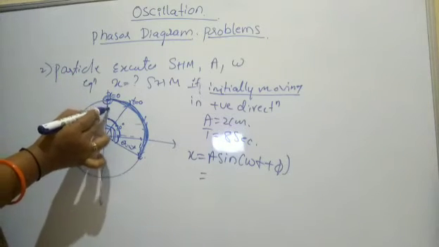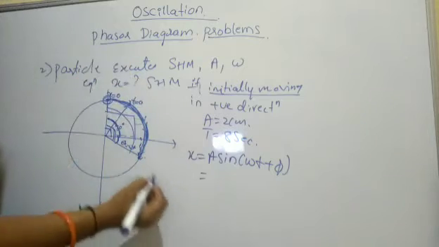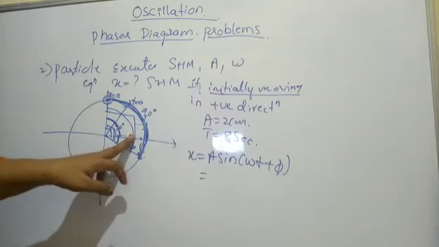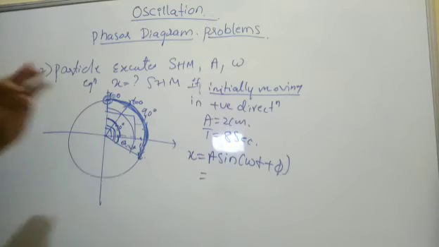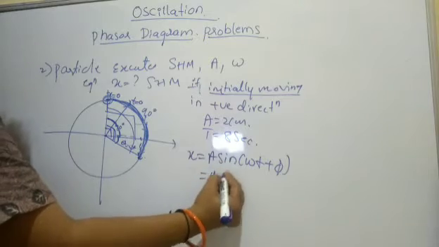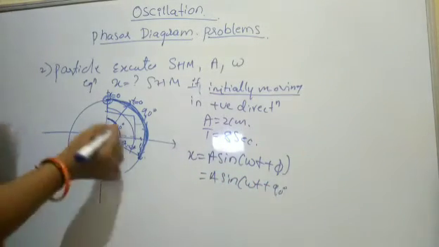From here to here up to this point it is 90 degree, correct? I can say this is pi by 2, or else you can take a sine omega t plus 90. Phi is 90.